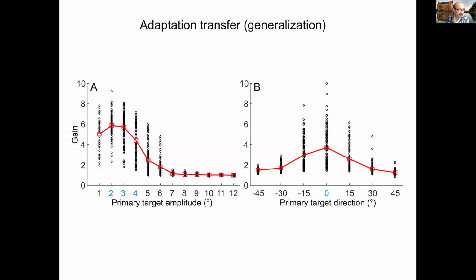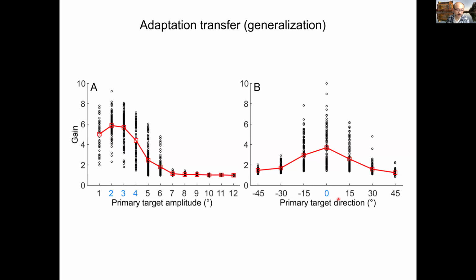And for 5-degree target amplitude, you still see a lot of high gain saccades, the same for 6-degree target amplitude. By the time you reach 7-degree target amplitude, most of the saccades are low gain, and the gain is still high at 8, 9, and then it's essentially gain of 1 for 10-degree saccades or more.